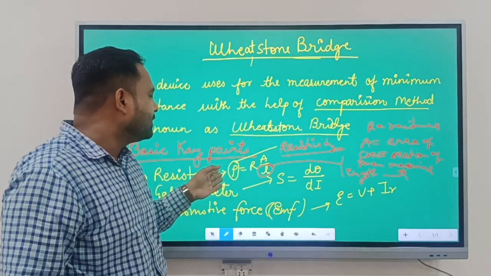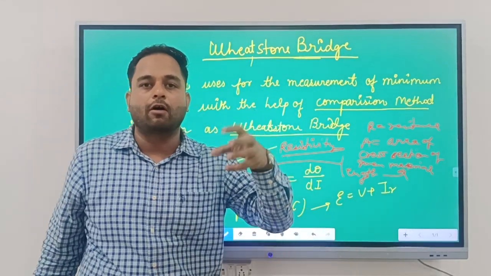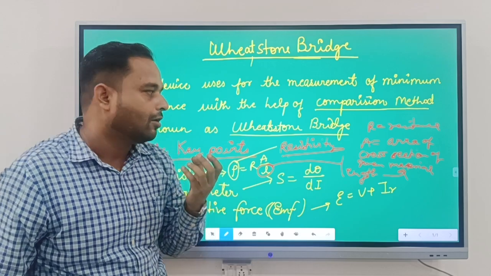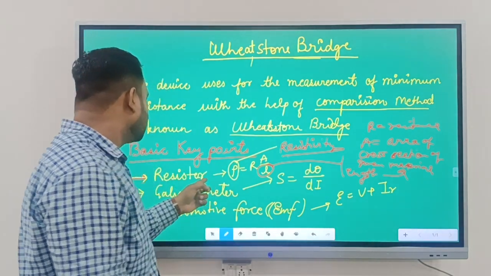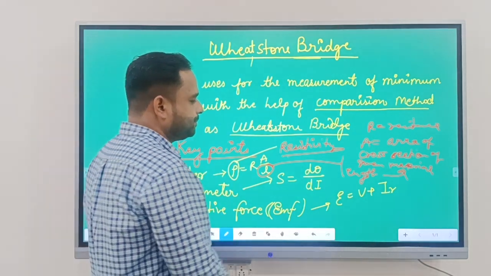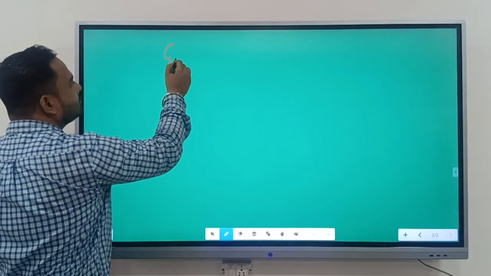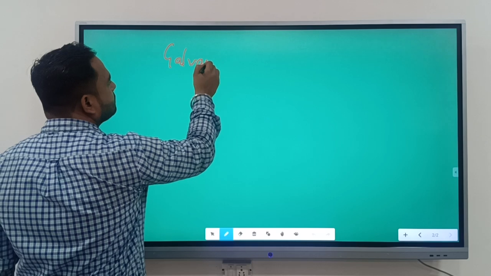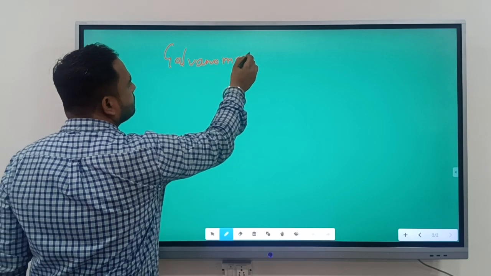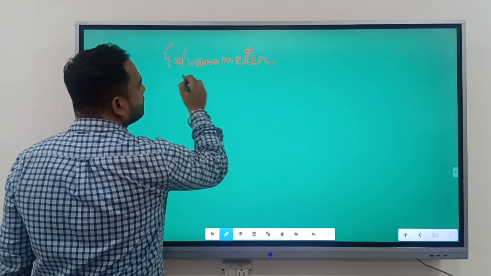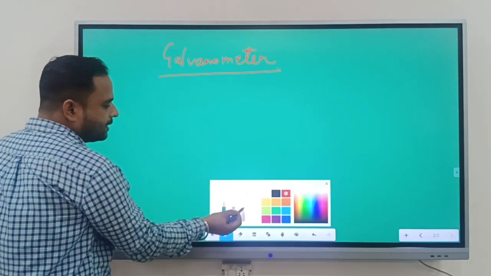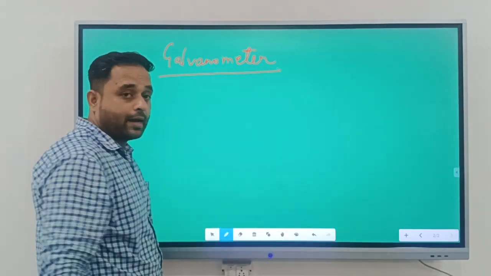Alright, so we can identify the resistivity of that particular material. Alright, next is galvanometer. What is a galvanometer? A galvanometer is basically an electronic device.